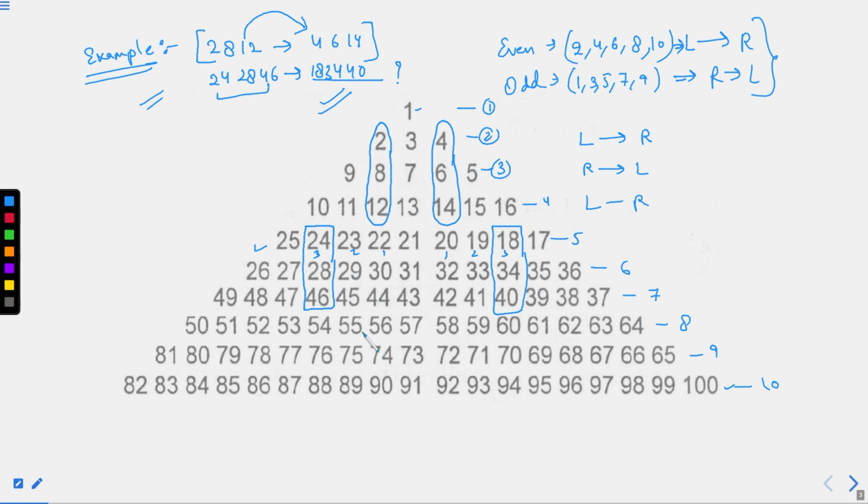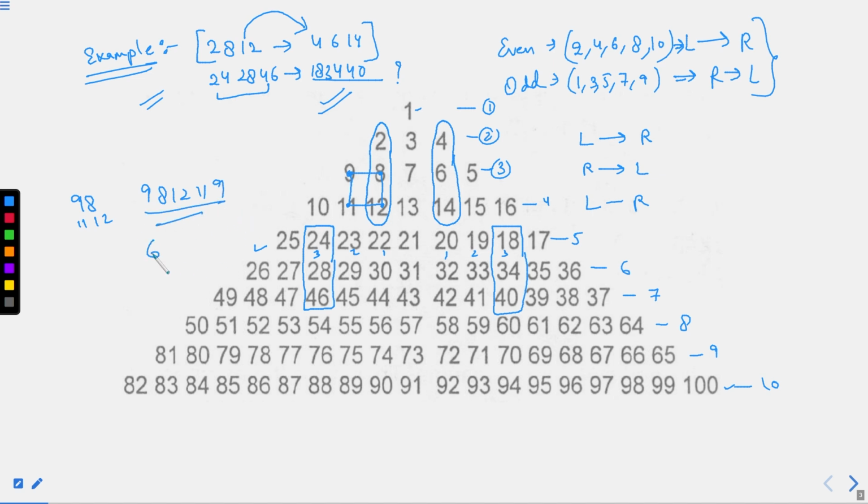If a number is written in this manner, just look at this: 9, 8, 12, 11. From 9 we'll move to 8, from 8 we'll move to 12, from 12 we'll move to 11 and again 9.